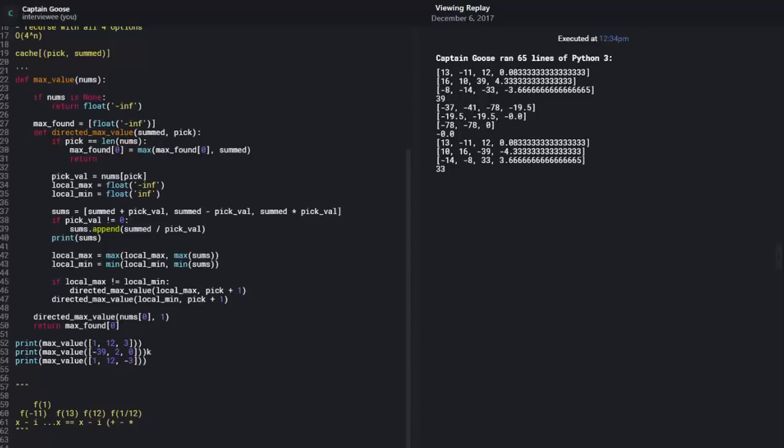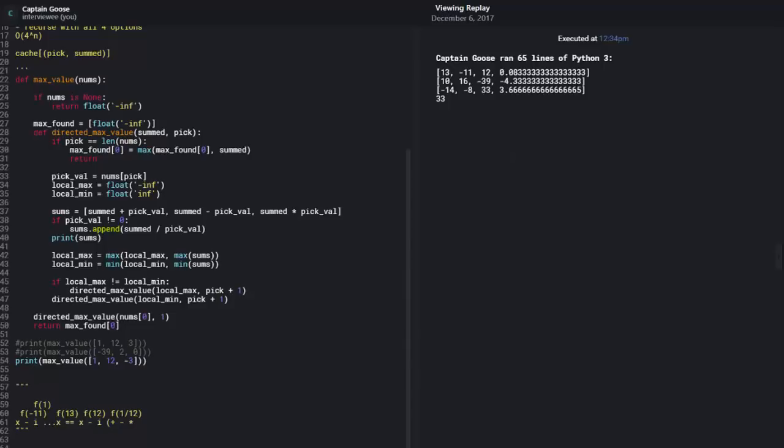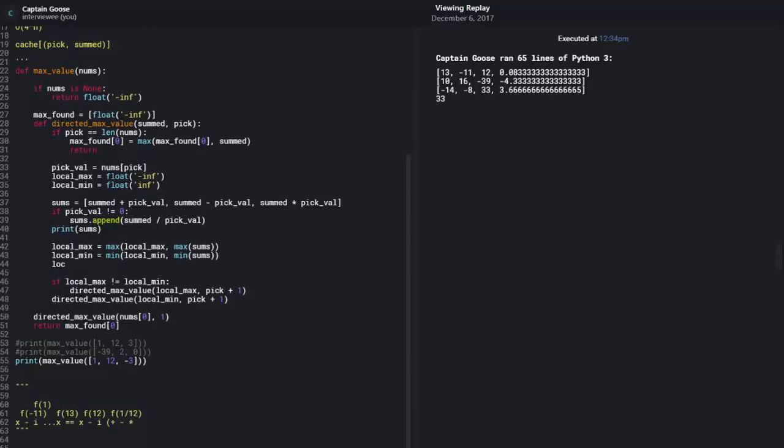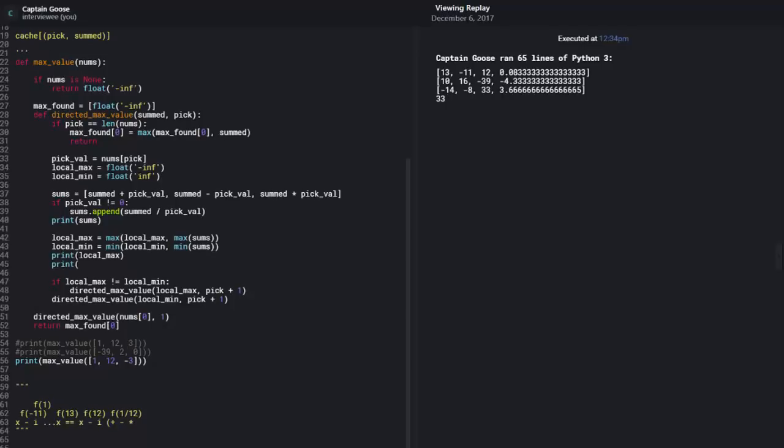My max the first time should end up being 13. So what do I actually pick for local max? Yep, I pick 13 and negative 11, just like I should. And then the next time through, my max is 16 and negative 39.